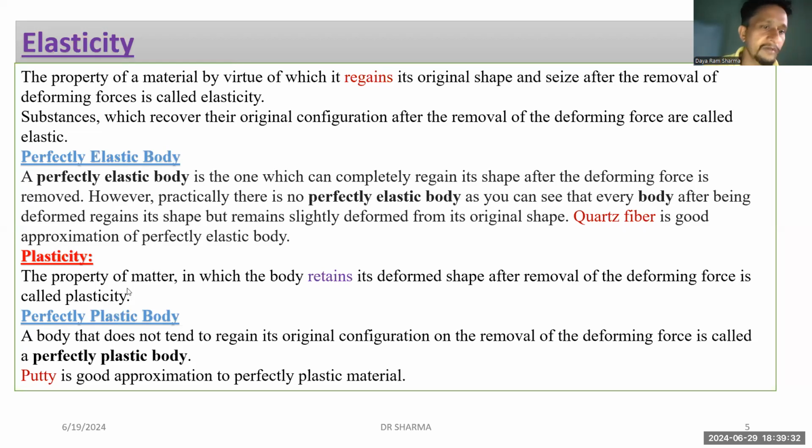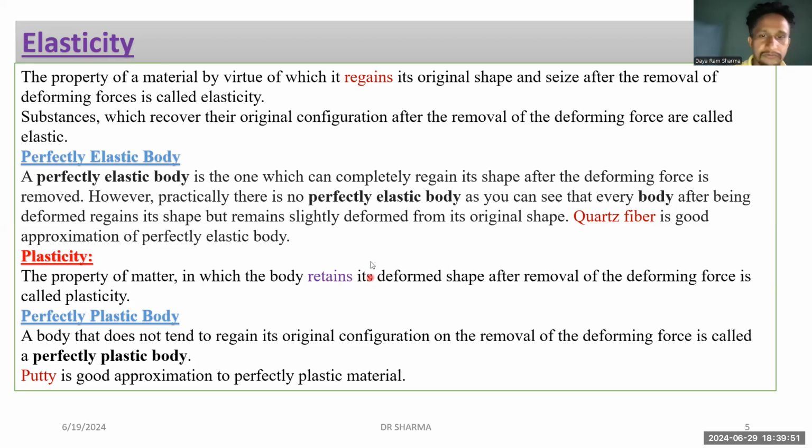Next, plasticity. Plasticity is the property of a body to retain the deformed shape, size, or dimension even after the deforming force is removed.